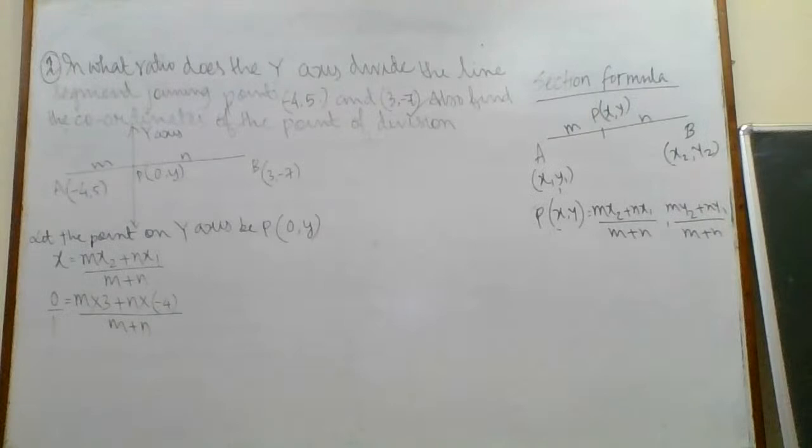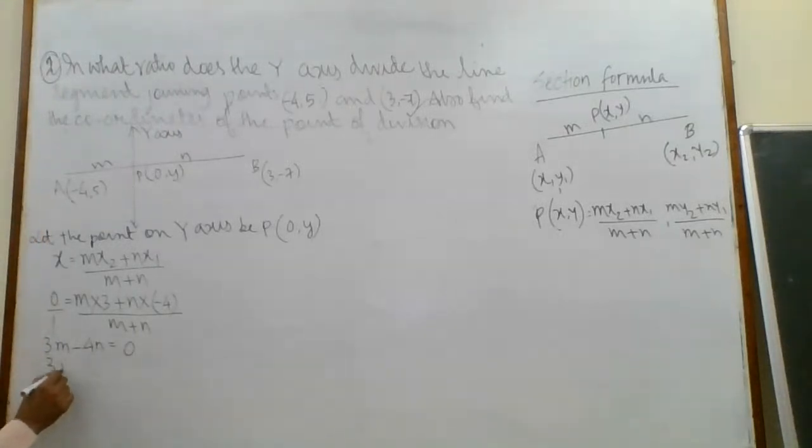If you cross multiply, 0 into (m + n) will be 0 only, and the numerator will remain itself, where m into 3 is 3m and n into -4 is -4n.